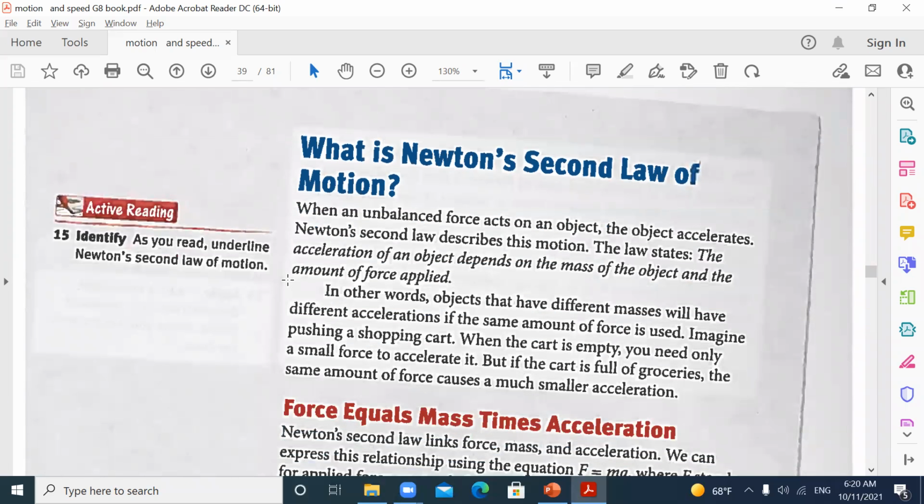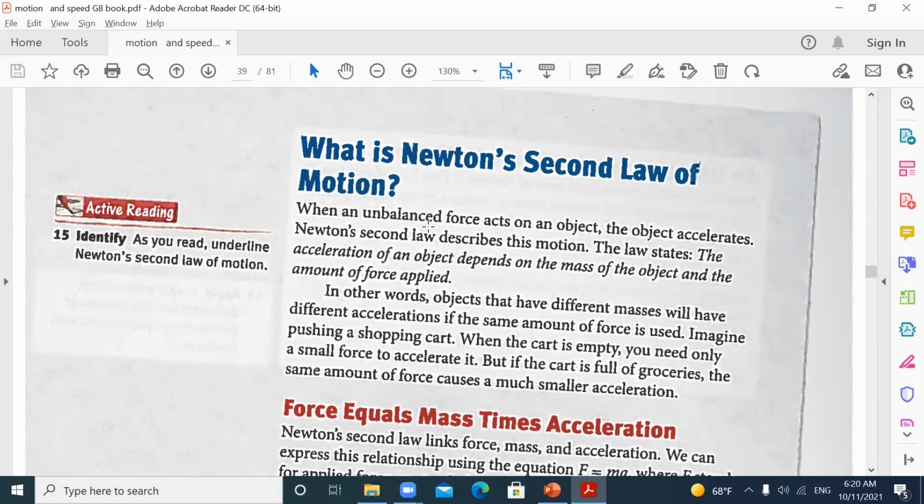What is Newton's second law of motion? So now we have Newton's first law, that all objects at rest will remain at rest unless an unbalanced force is exerted on them, and the same for moving objects: they keep the same speed and direction as there is no unbalanced force exerted on them.